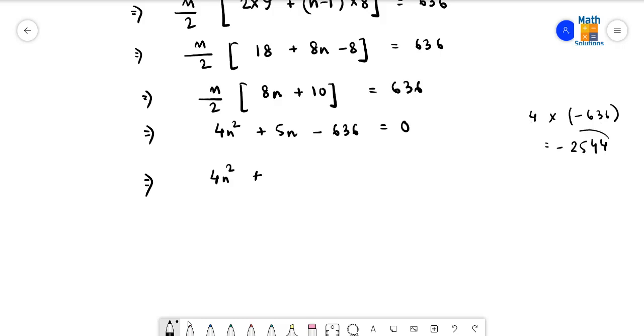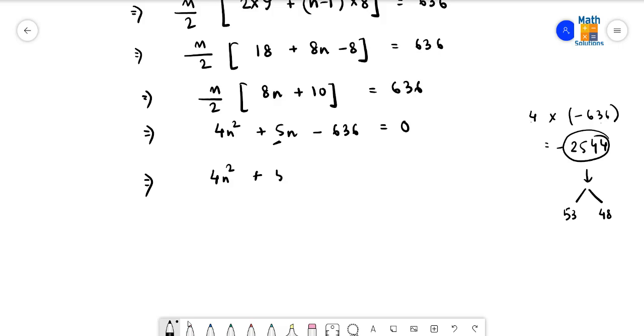We have to split the middle term so that we get two numbers with a difference of 5, like 53 and 48. Only then this splitting can be done.